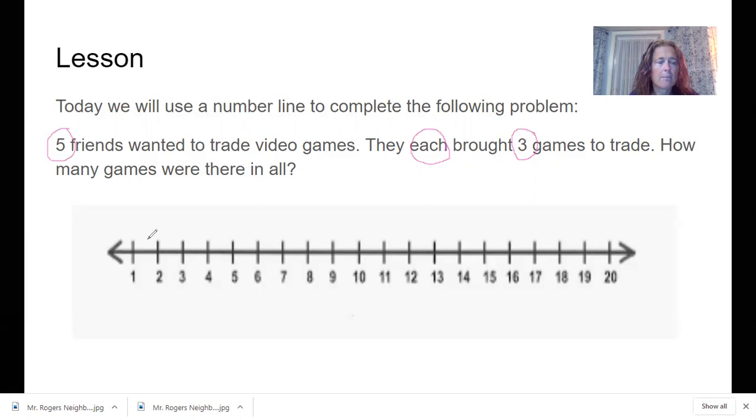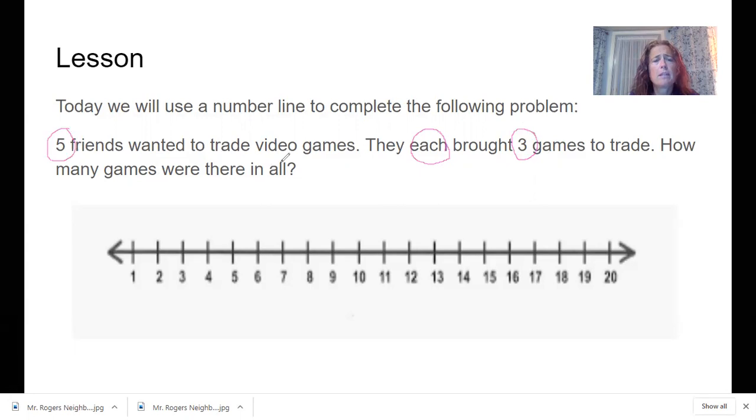Now, our jumps will be 3 at a time because there are 3 games in a group. And we will have 5 groups. So we will have to jump that 3 5 times. All right, so before we do that, let's come up with our equation.